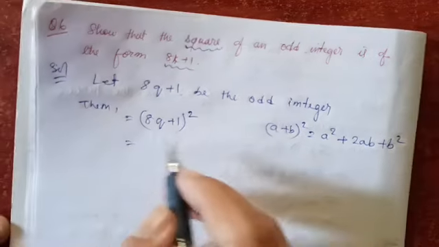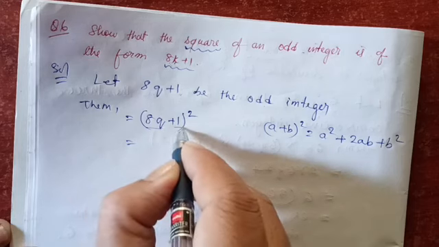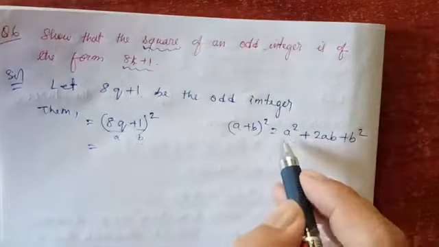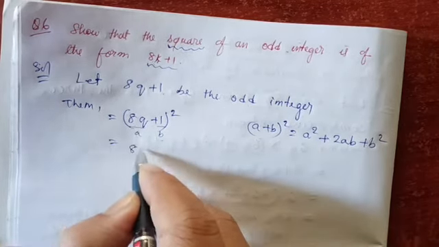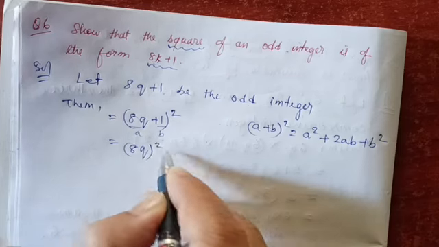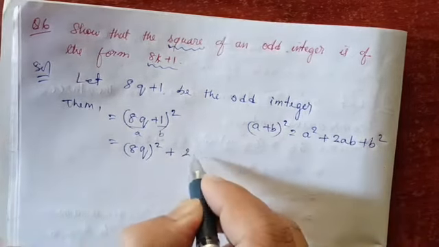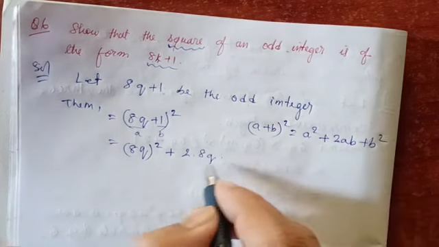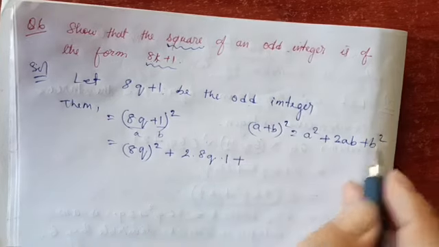Okay, so now let us apply this formula. This is your a, this is your b, right? So according to the formula a square, our a is 8q. So a square plus twice ab, so b, plus it should be b square.